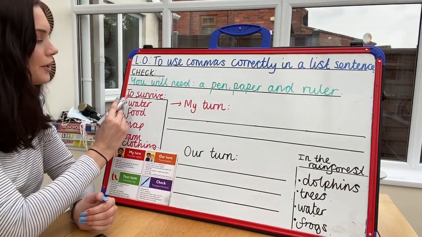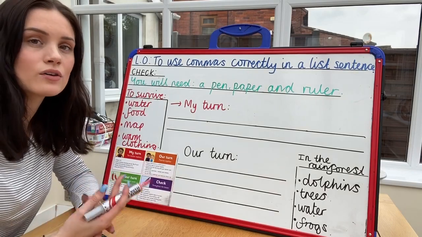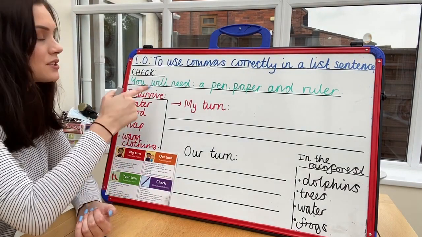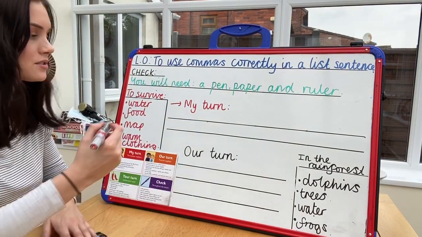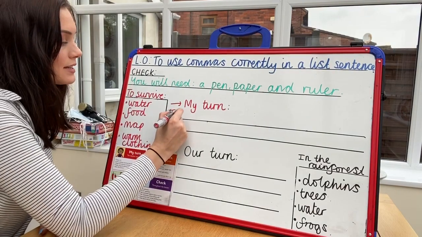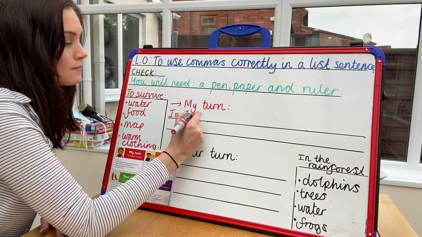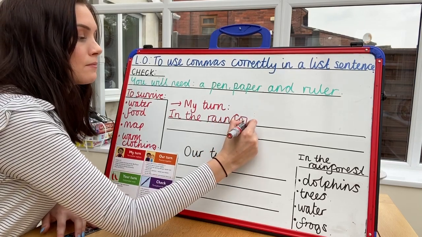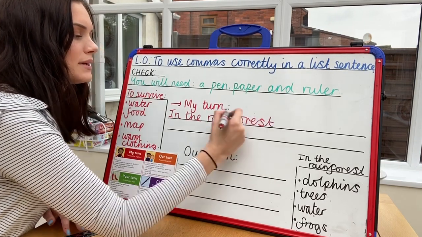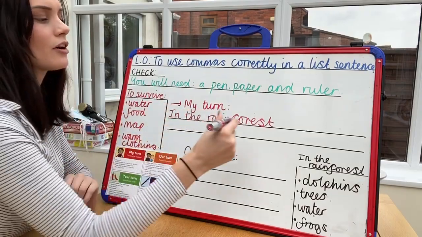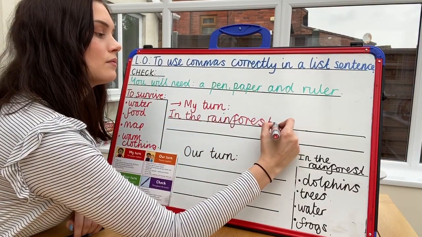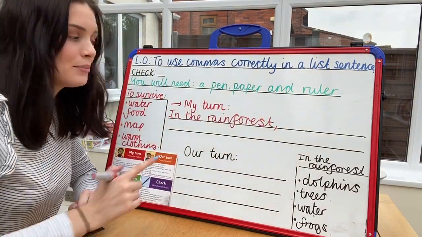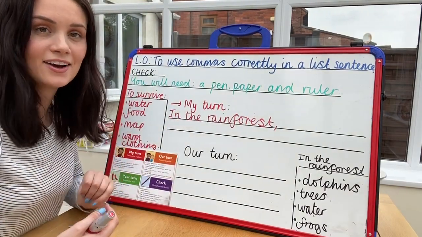So, I know that my sentence has to involve a list about how to survive in the rainforest. So I'm going to start with, in the rainforest, what am I saying? So, in the rainforest, I'm going to add a fronted adverbial in here because this is where I need it.